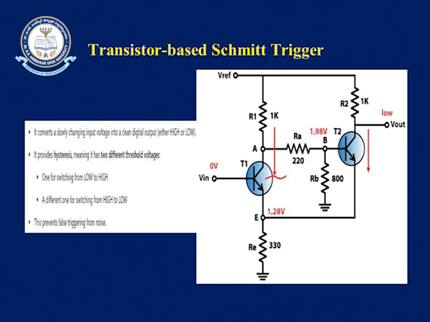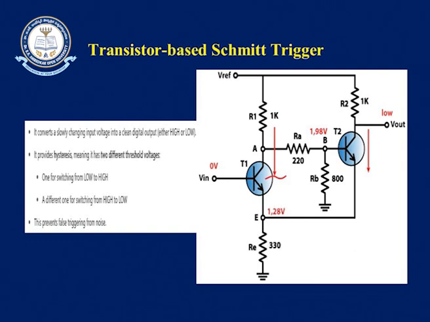The last one is the transistor-based Schmitt trigger. It changes the input voltage into a clean digital output, whether a high signal or a low signal.